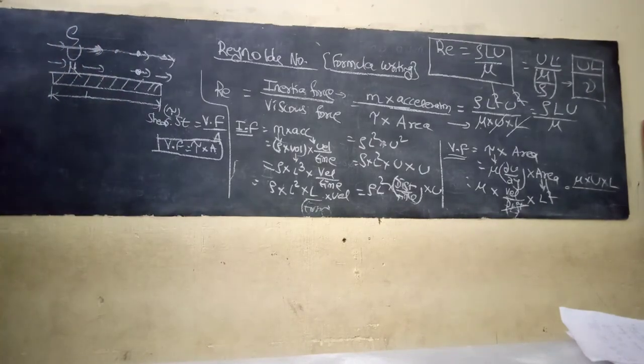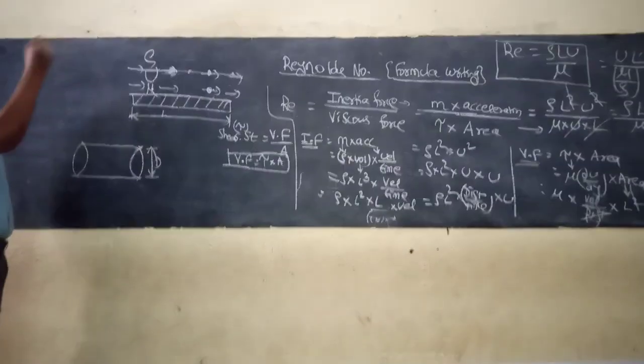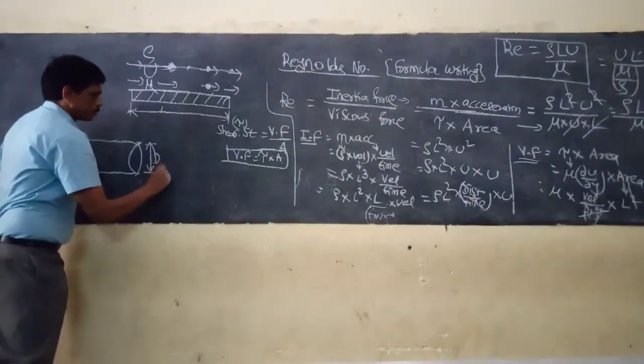Suppose the fluid particles are flowing through a tube. The tube diameter is d. What is the formula to write the Reynolds number?